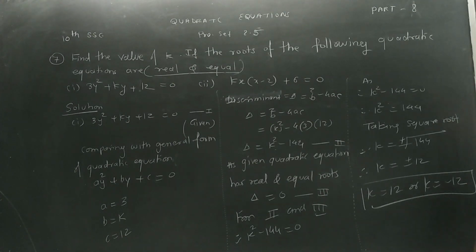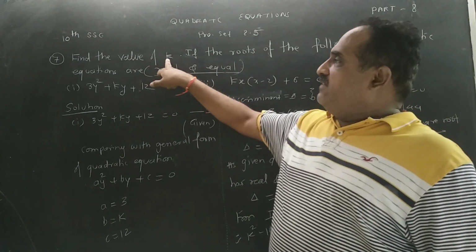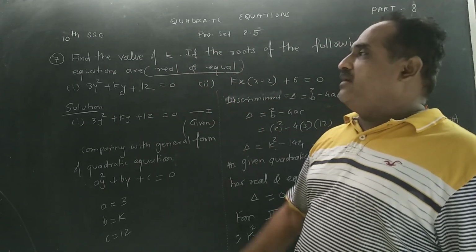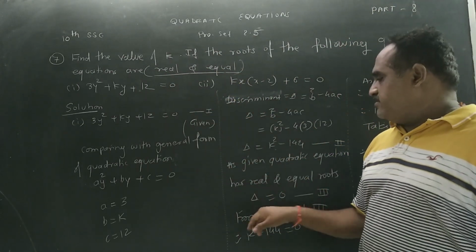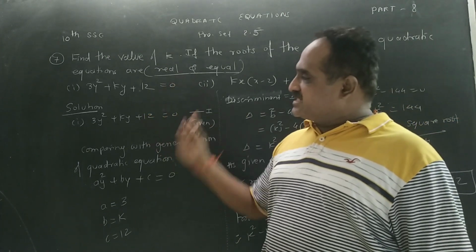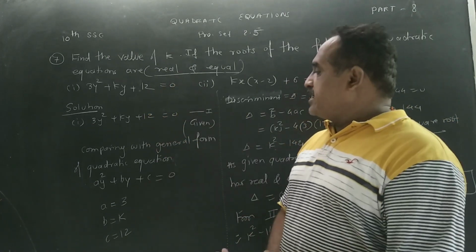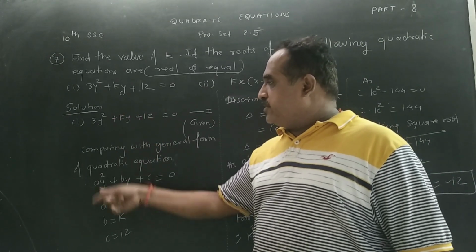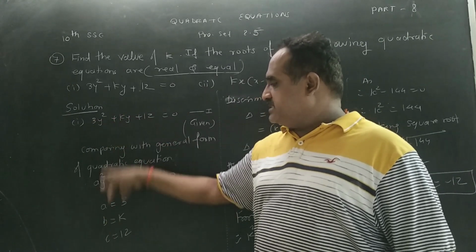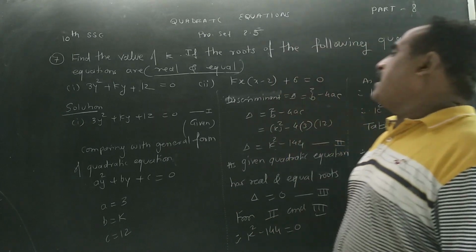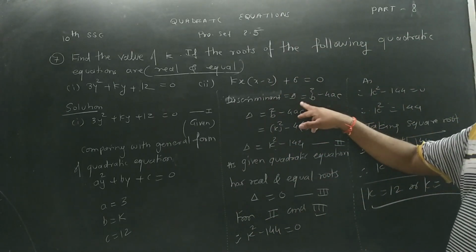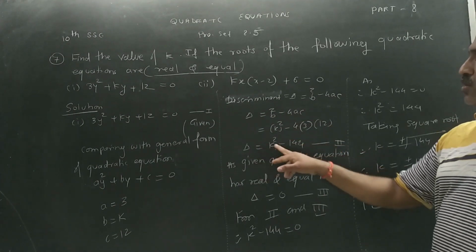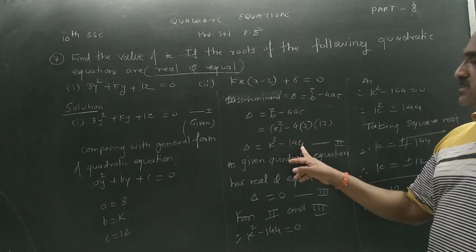Shall I repeat? See, they have given: find the value of k, and this quadratic equation has real and equal roots. Real and equal roots means the discriminant has value 0. For that, you have to find the discriminant, which is nothing but b square minus 4ac. For that, this equation is compared with the general form of the quadratic equation. We got a value is 3, b value is k, and c value is 12. Delta is equal to b square minus 4ac, which gives k square minus 144.